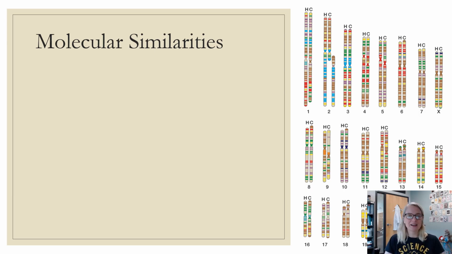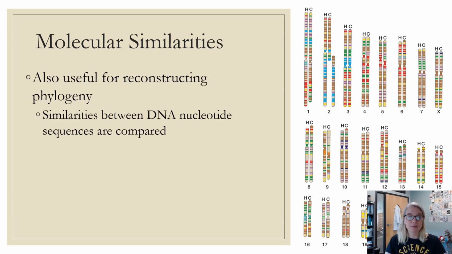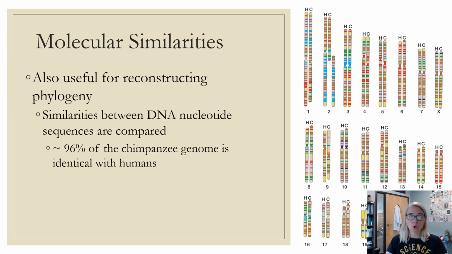We can look at anatomical features or what's called the phenotypes, the expression of traits, but really we have the science and the ability to easily now look at the DNA and the RNA and the molecular comparisons to see how things are staying the same through evolutionary time or are making these splits and diverging through evolutionary time. So they help to reconstruct your phylogenetic trees. We're looking at similarities between DNA nucleotide sequences and even chromosomes.